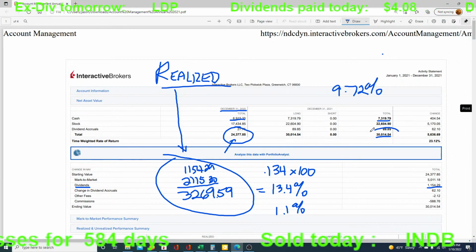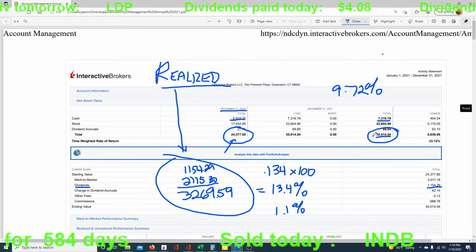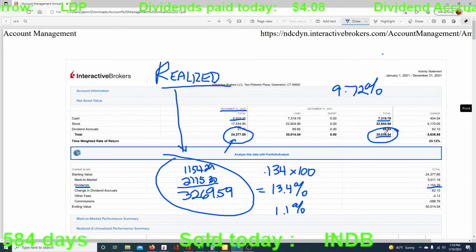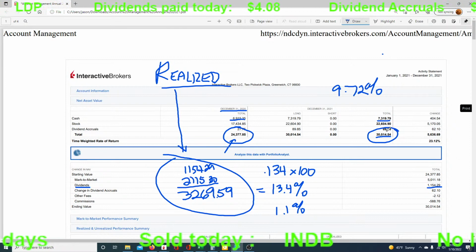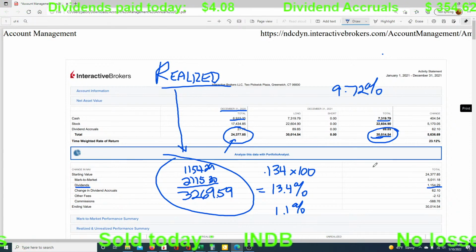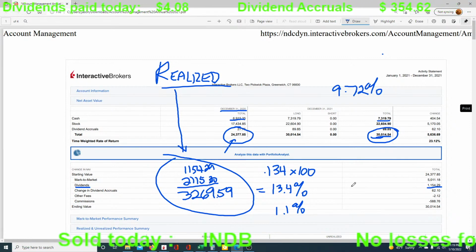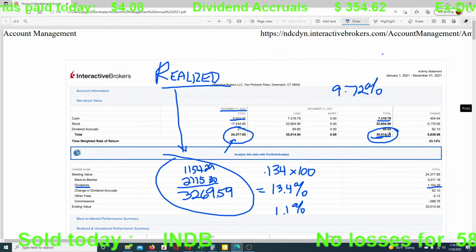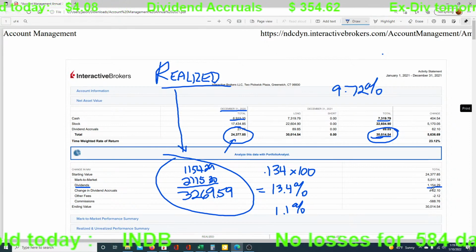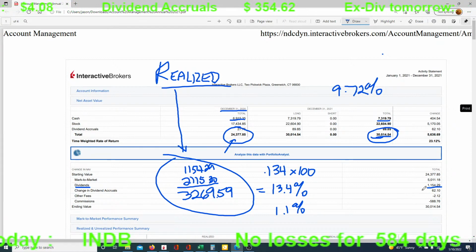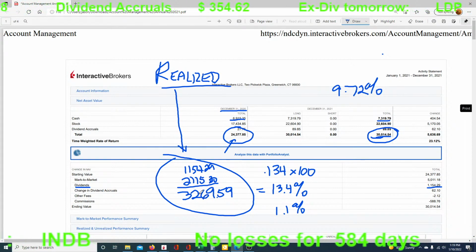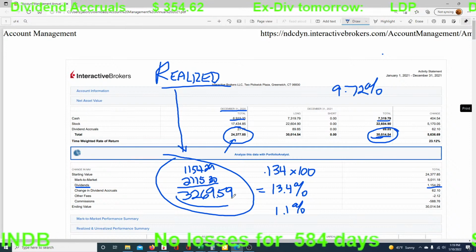This account is now 30,000, so what are we trying to get per month? It's about $300 per month that you're trying to generate. At the end of the year, 300 would be 3,600, which would be about $400 more than this.